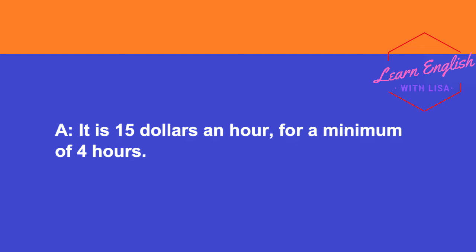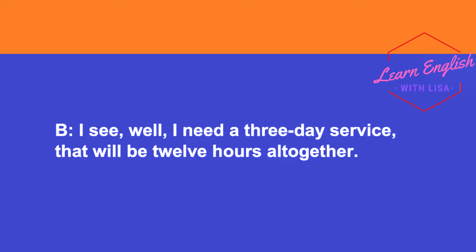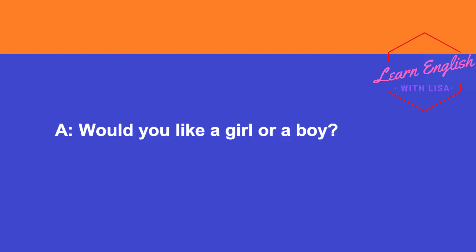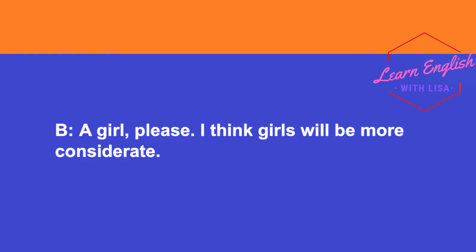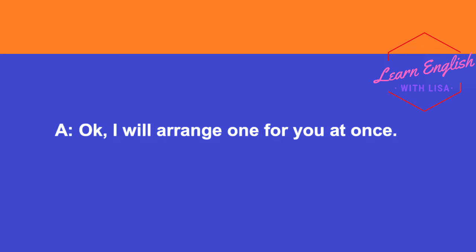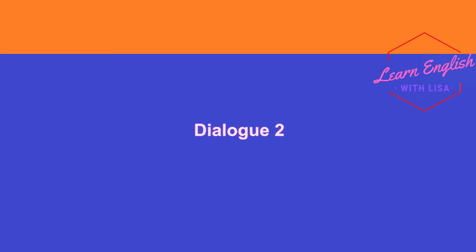It is $15 an hour for a minimum of 4 hours. I see. Well, I need a 3-day service. That will be 12 hours altogether. Would you like a girl or a boy? A girl, please. I think girls will be more considerate. Okay, I will arrange one for you at once.